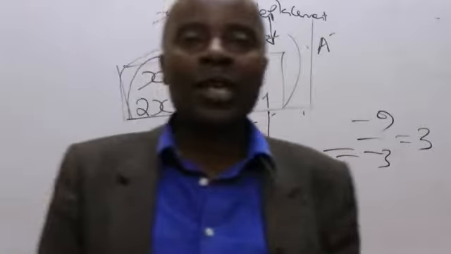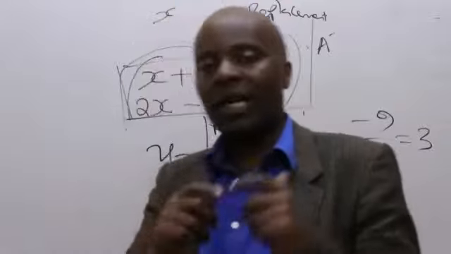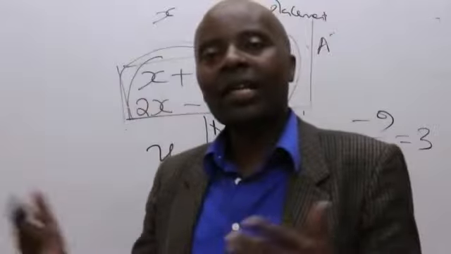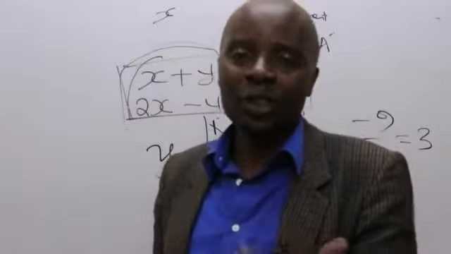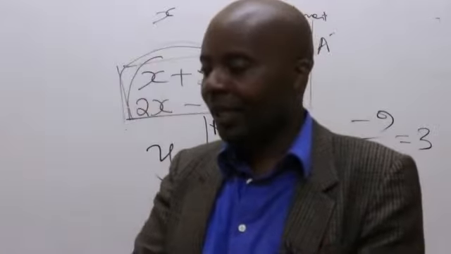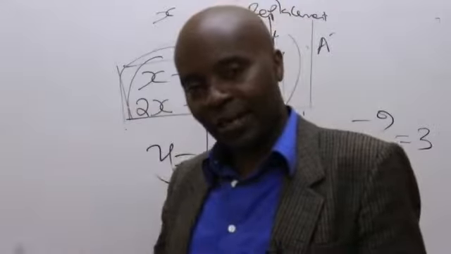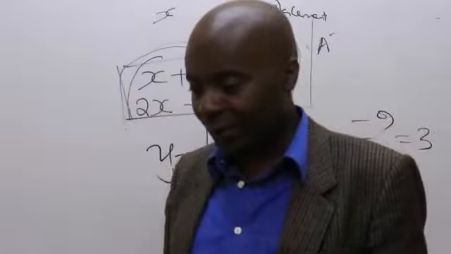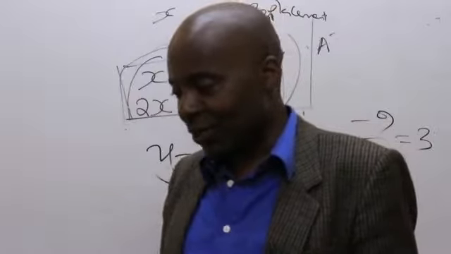Now, between the inversion method of getting simultaneous values, X and Y, and the Cramer's rule, which method do you think is better? Is it Cramer's or inversion method?